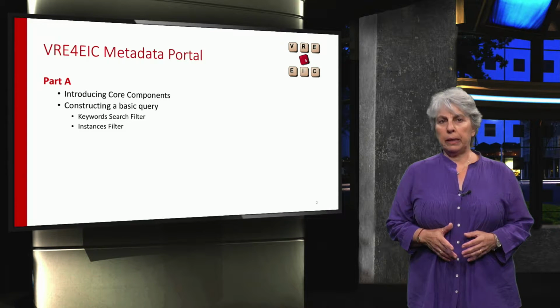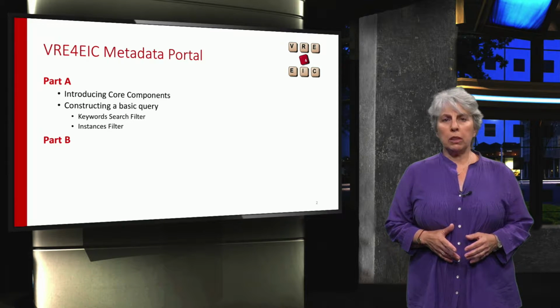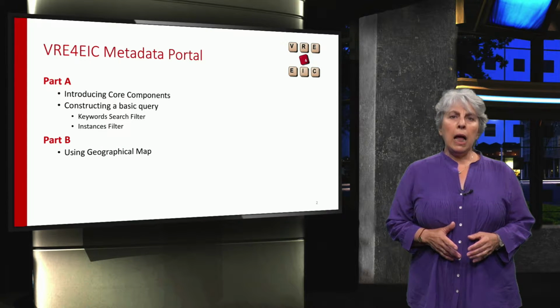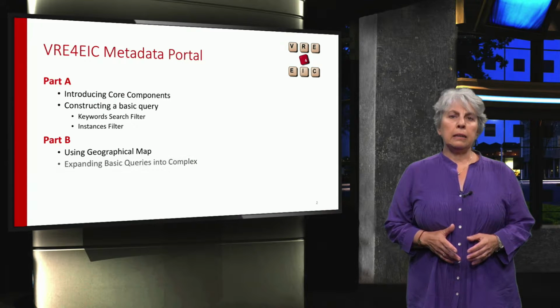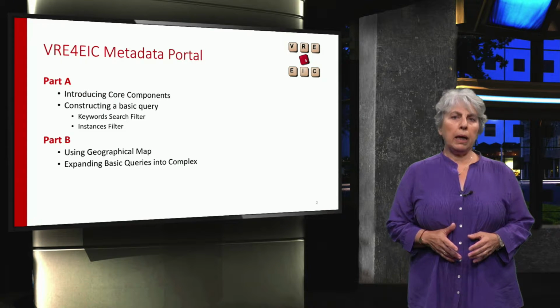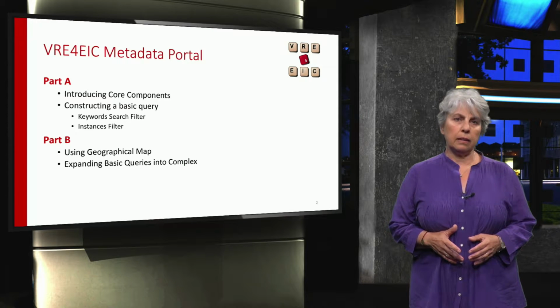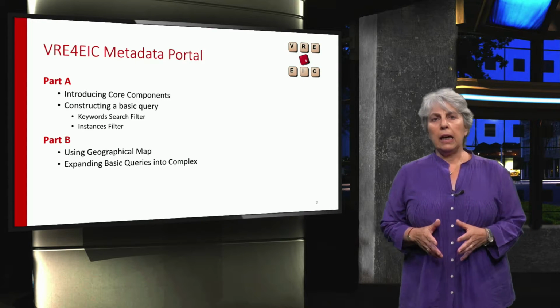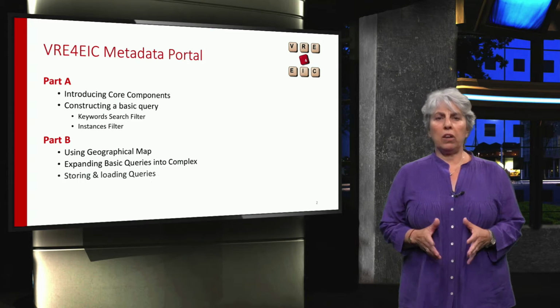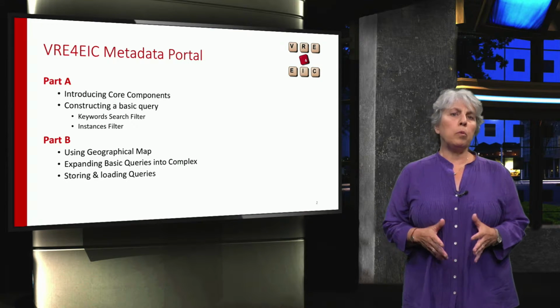The second part continues from the previous example and describes how to use geographical maps when available and how to expand such a minimal query by applying extra filters on the target or related entities. Finally, it shows how to store constructed queries and load them on demand.